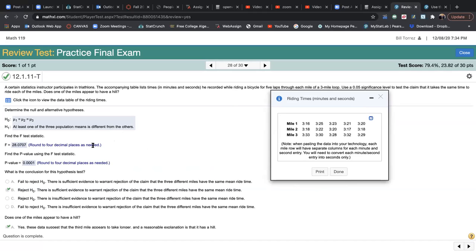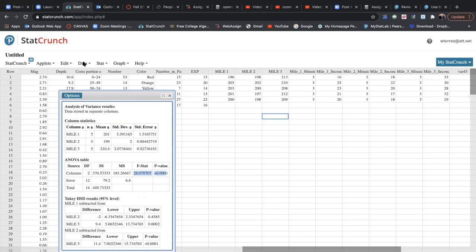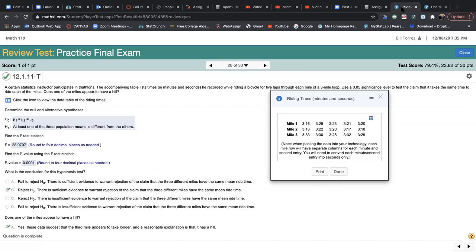The F-stat from our StatCrunch ANOVA rounded to 4 places is 28.0707, and the p-value is less than 0.0001. So the p-value is about 0.0001.